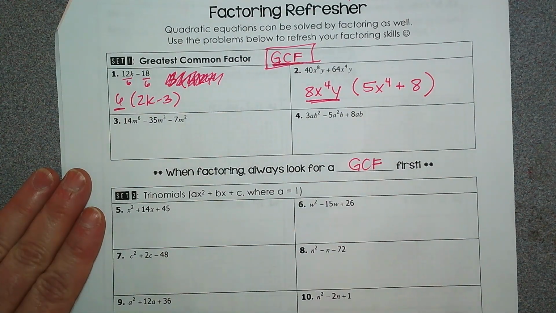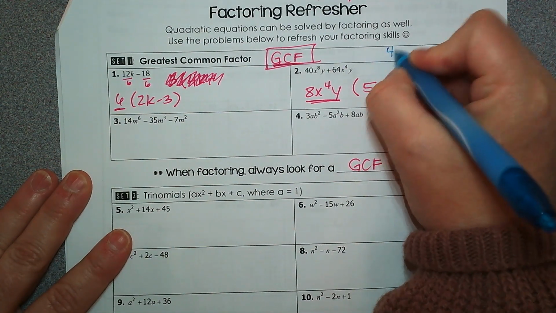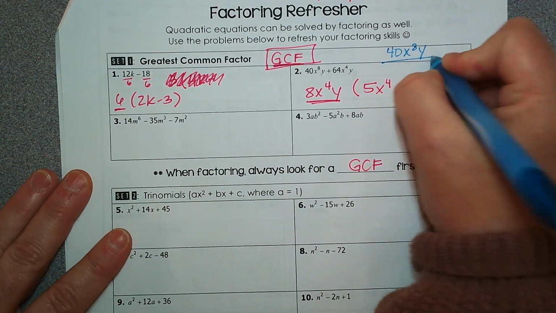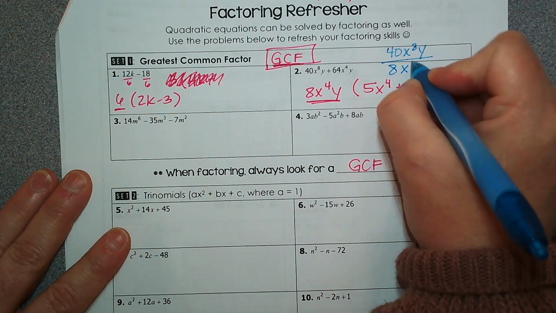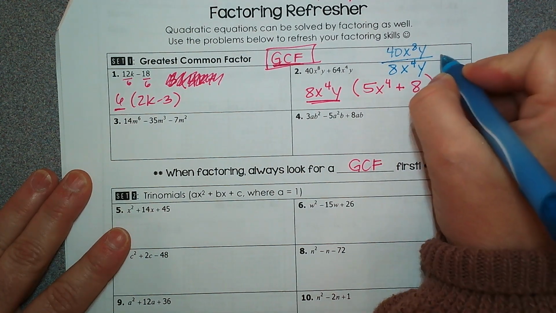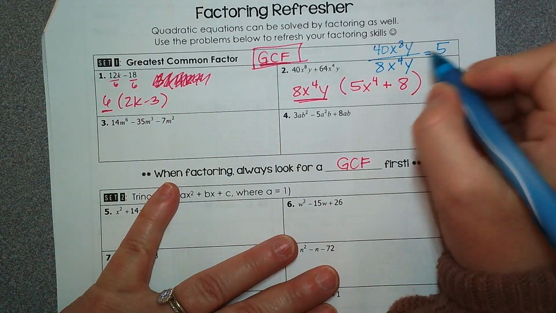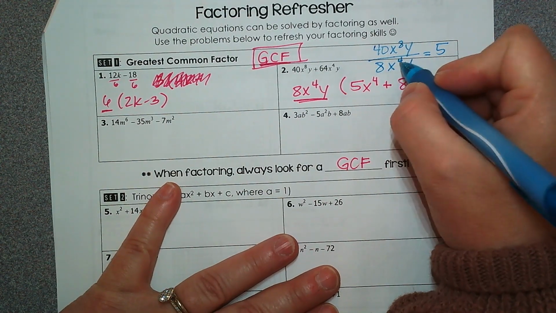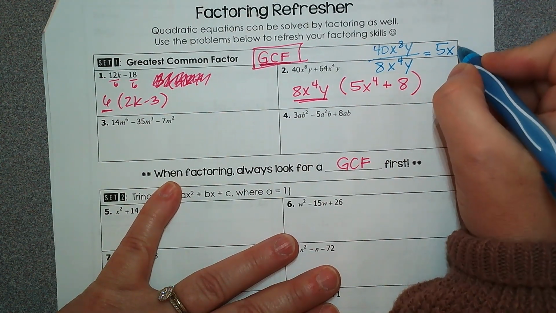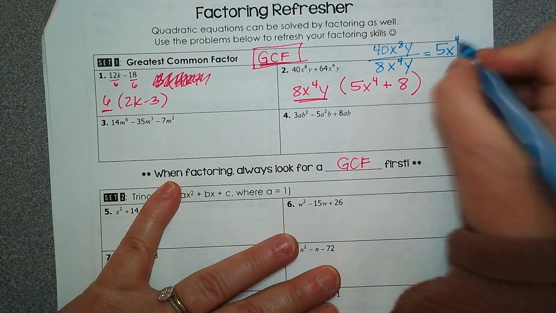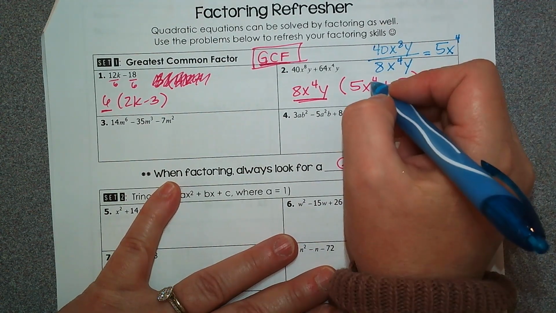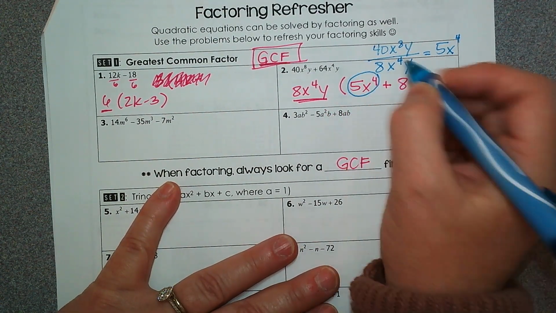So if I take 40x to the 8th y and divide by 8x to the 4th y, what do I get? 40 divided by 8 is 5. X to the 8th divided by x to the 4th, subtract the exponents, and then the y's cancel. So that's where this term comes from.